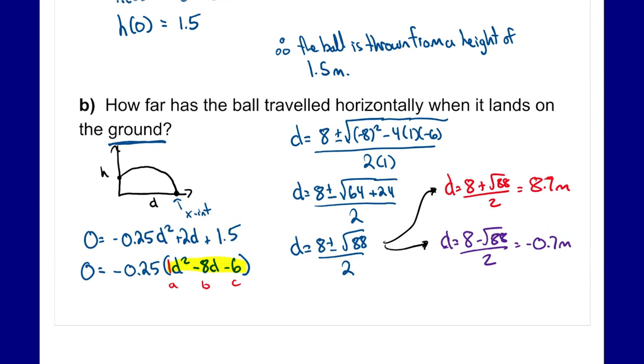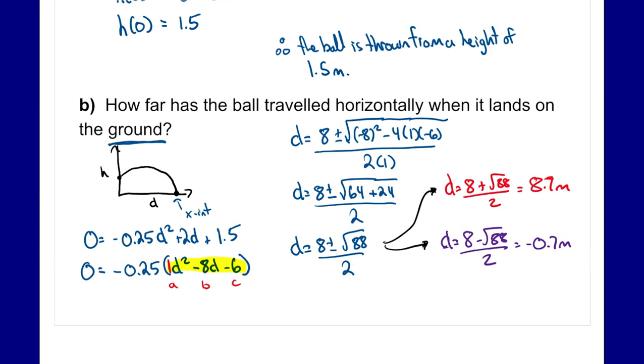Well, if we're talking about how far the ball traveled horizontally, can we have a negative horizontal distance? In theory, no, we can't throw a ball and it goes a negative distance. Unless we're throwing it backwards, but it would still technically have a distance, unless we're looking at a distance time graph, so to speak.